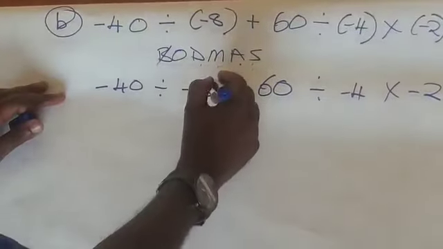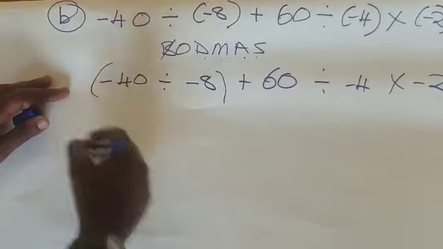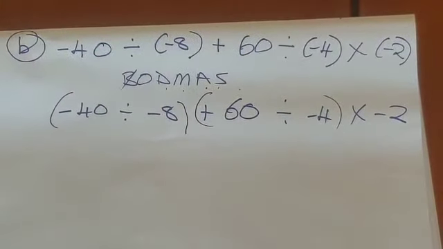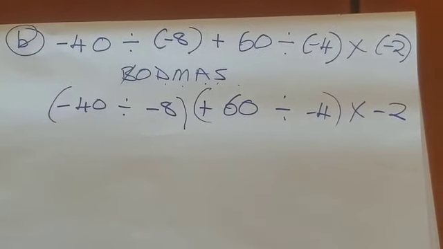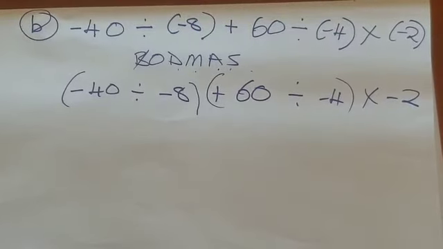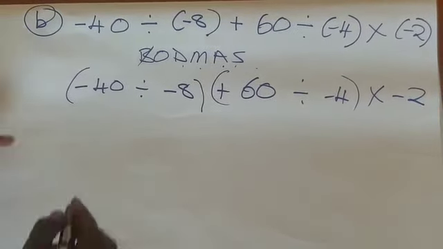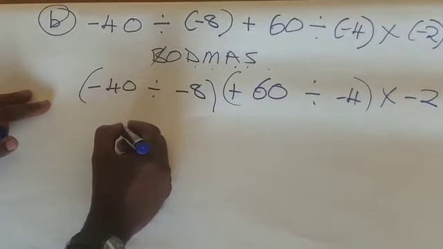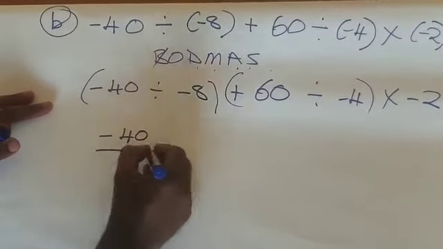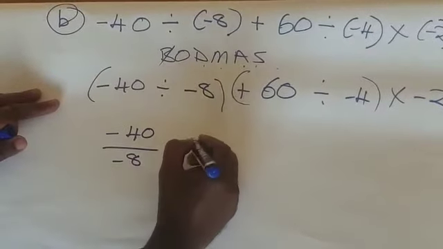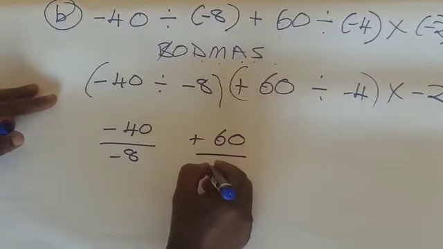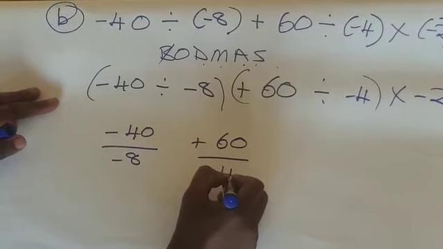We first deal with all those that have division as an operation between two numbers. In this case, I can rewrite these two as negative 40 over negative 8, then positive 60 over negative 4.